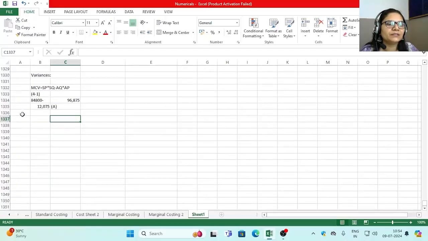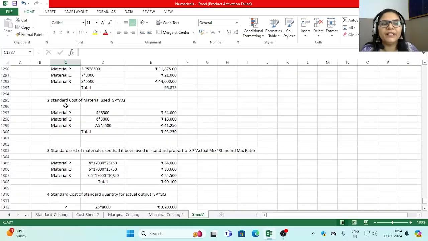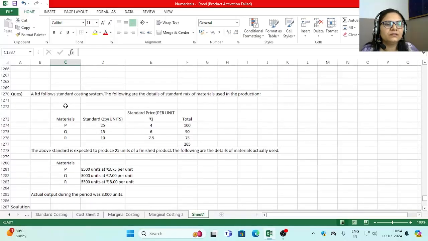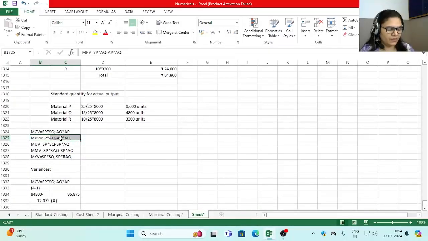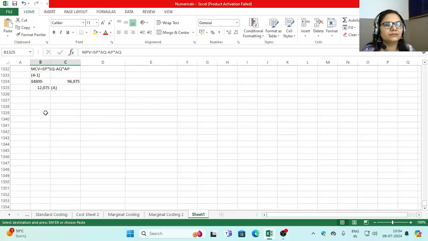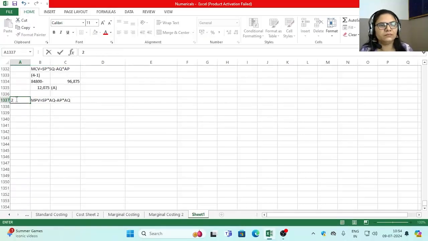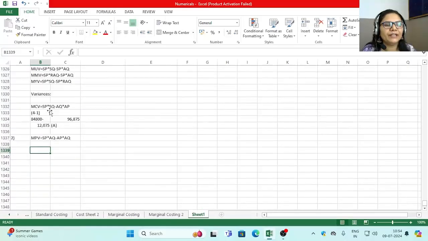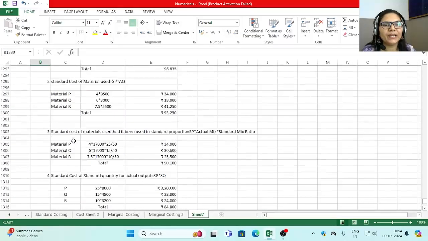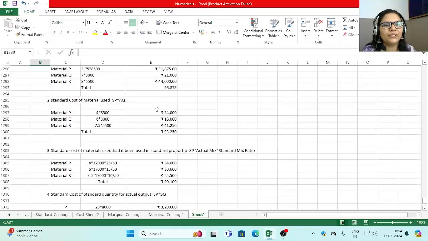Next is material price variance. Material price variance, we know we need SP into AQ minus AP into AQ. SP into AQ is 2 and AP into AQ is 1.